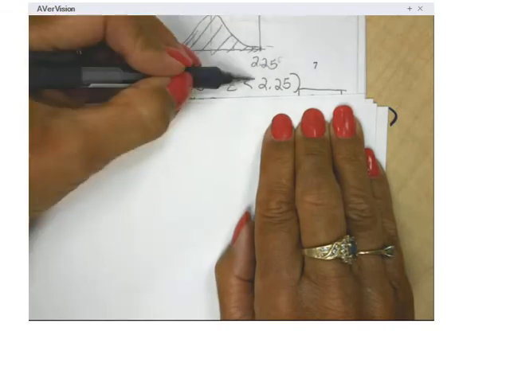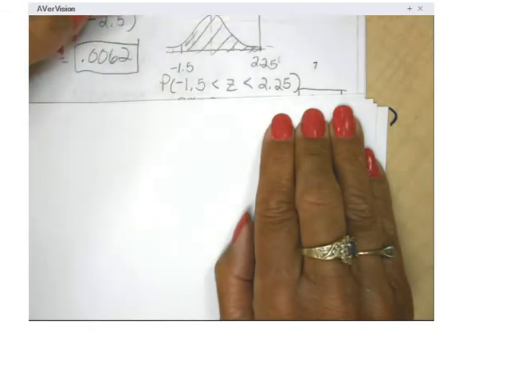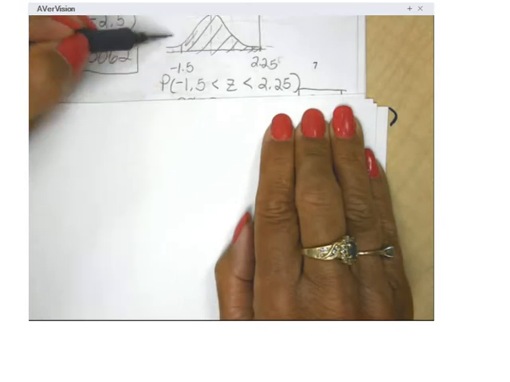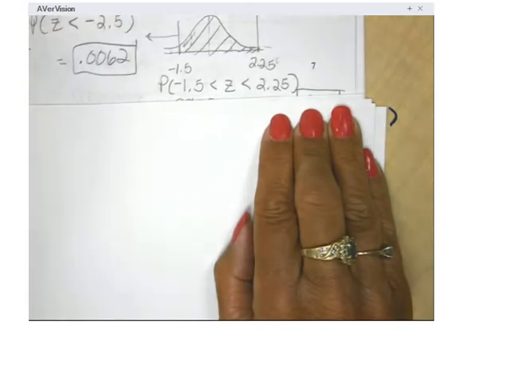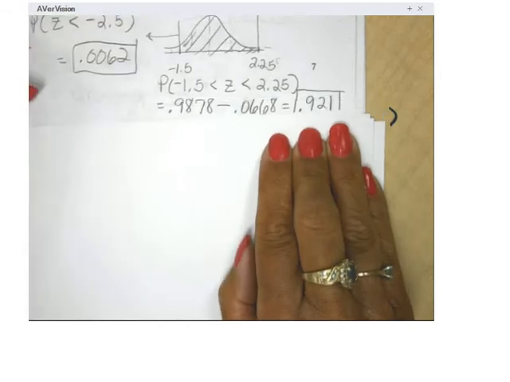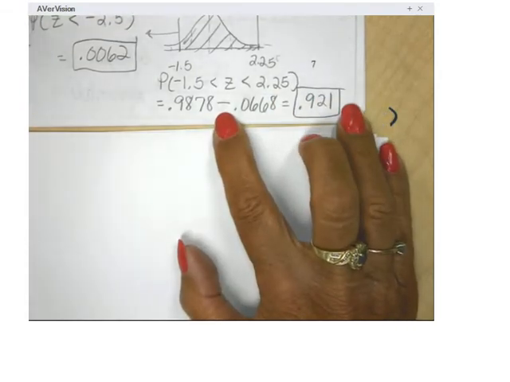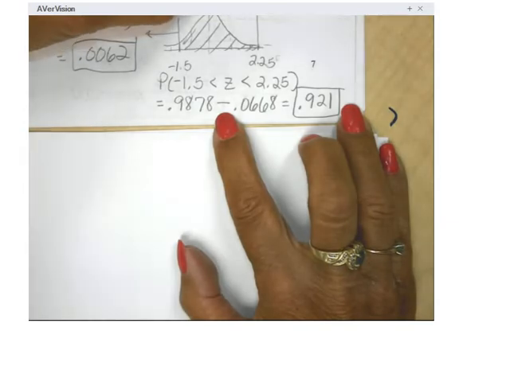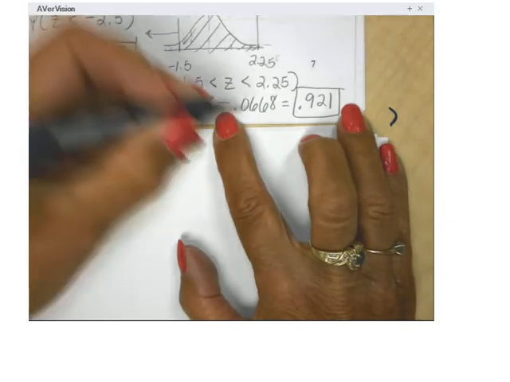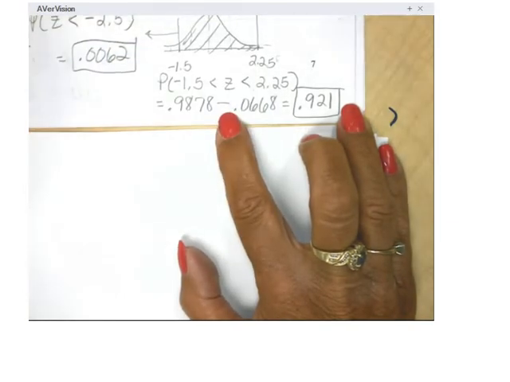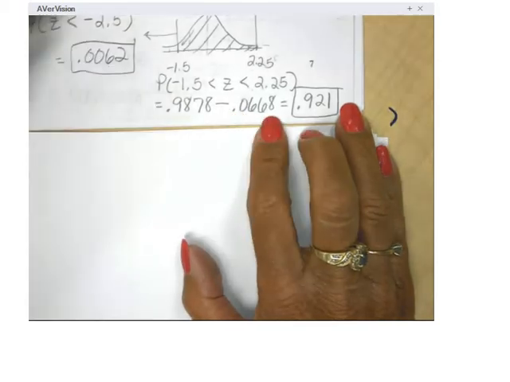I can see that the area has to be smaller than 1, but it's not far from 1. So I put my values down. To find the area between, you always look up the area underneath the larger z-value first. Find the area below the smaller z-value, and the difference between those will find the area between.